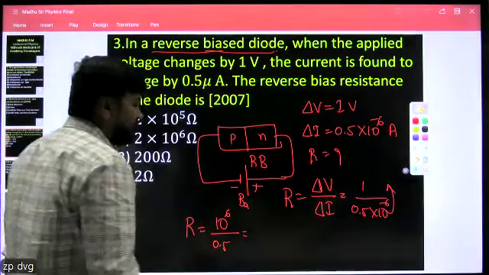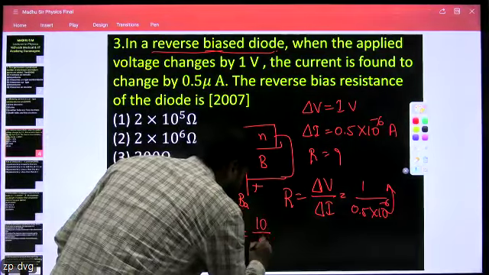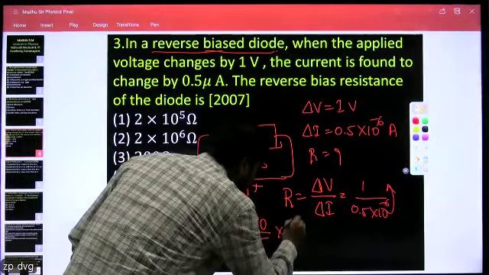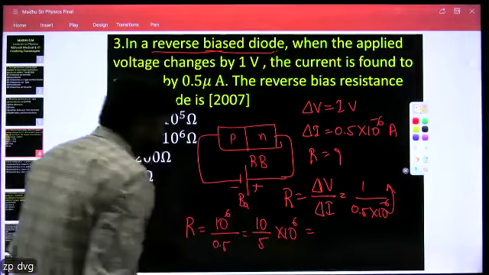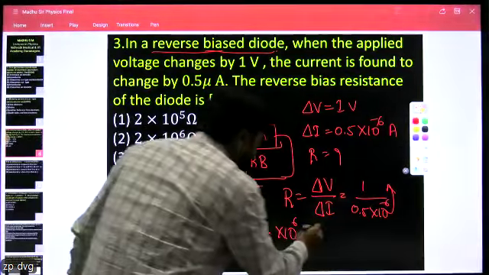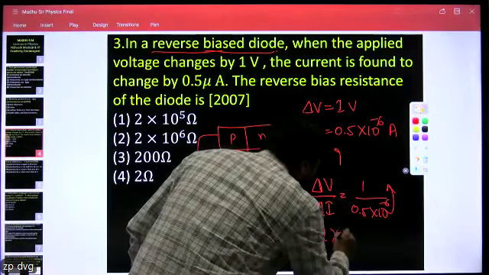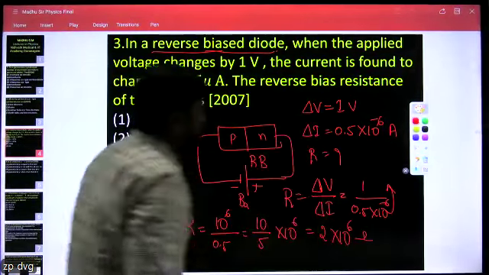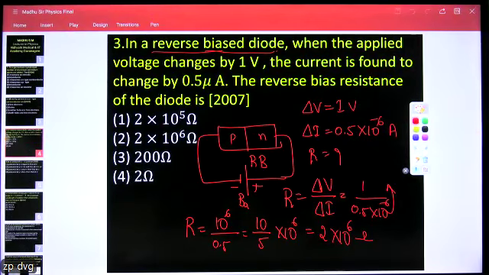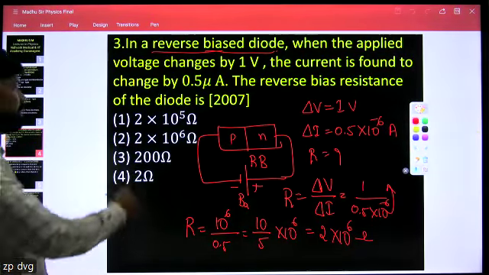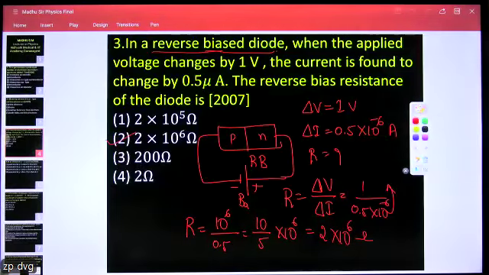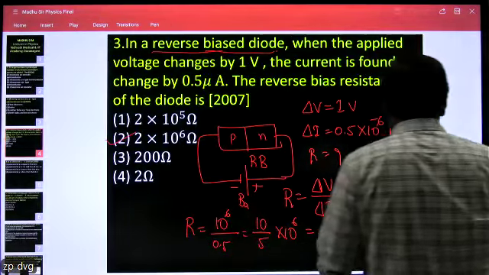Now multiply and divide by 10, so 10 by 5 into 10 power 6. Therefore 2 into 10 power plus 6 ohm. The reverse bias resistance of the diode is 2 into 10 power plus 6 ohm. Which option is correct? Option 2 is right. Now we can switch on to the next question.